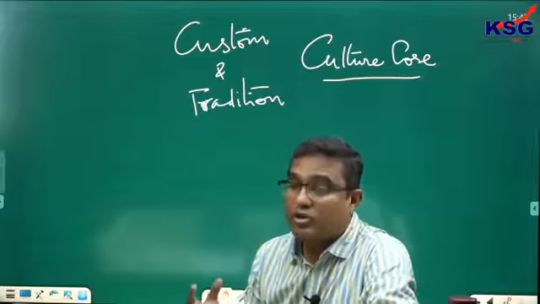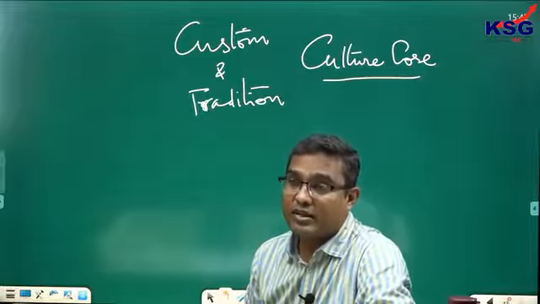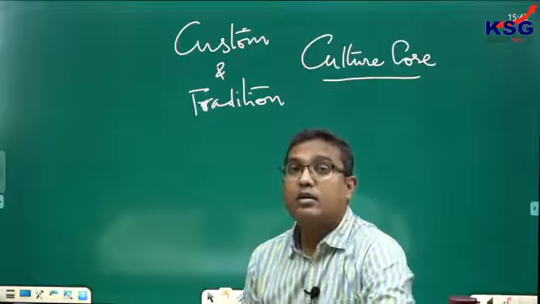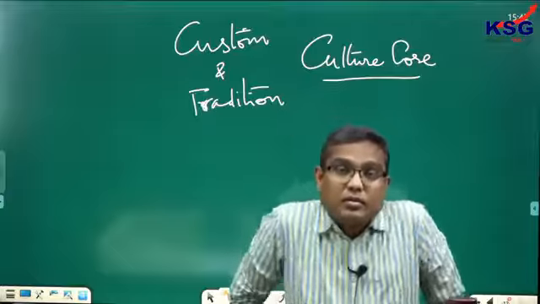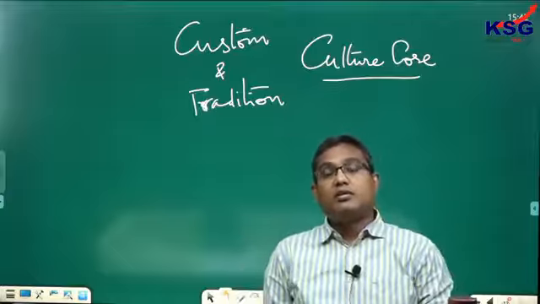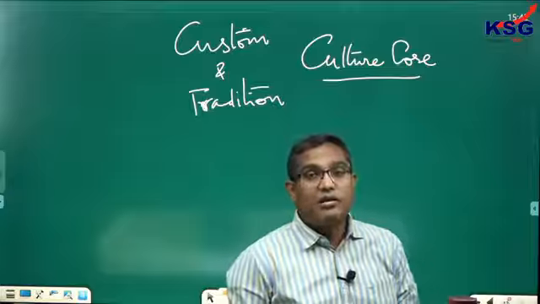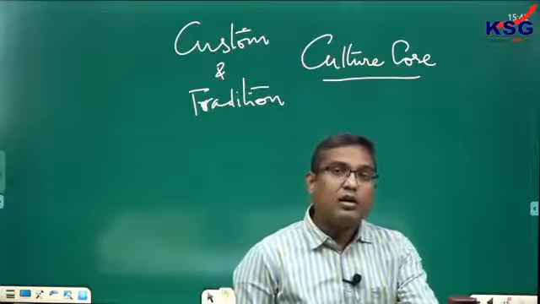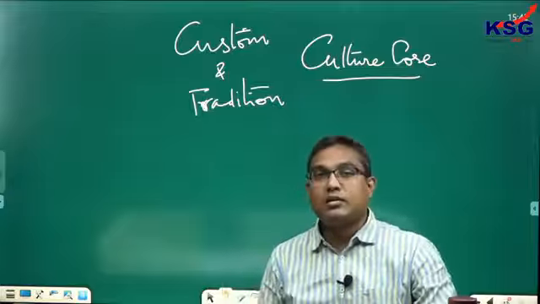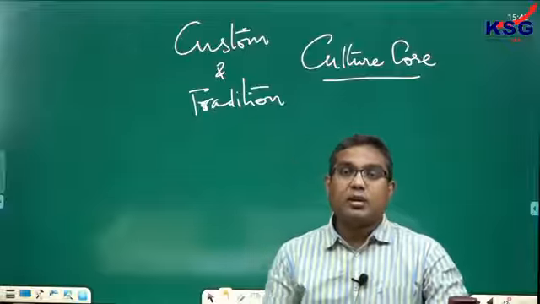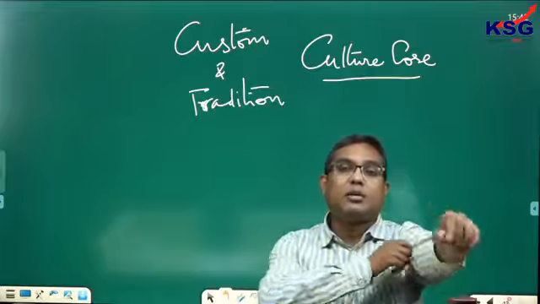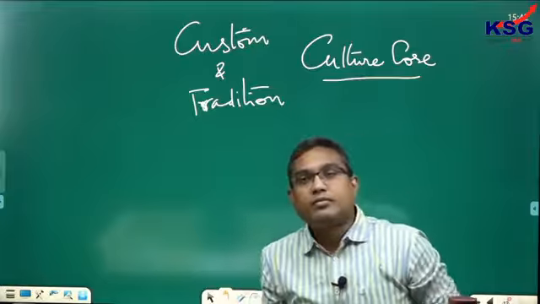It is called the culture core of our society. For example, number one, we respect our parents and our elders. If you come to Delhi, we touch the feet of our elders. Punjabis in Delhi call it पैरी पौना.